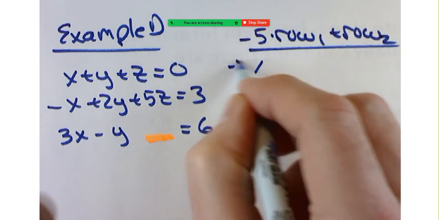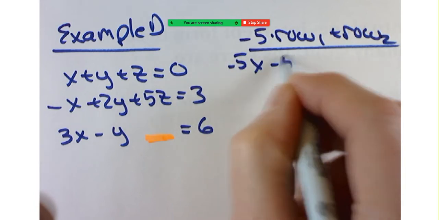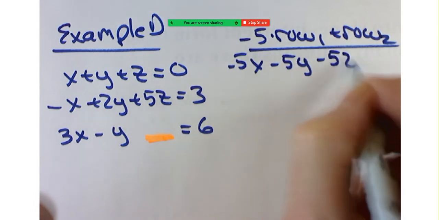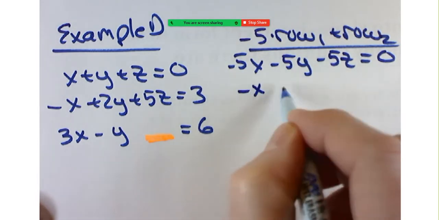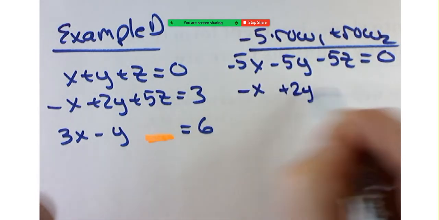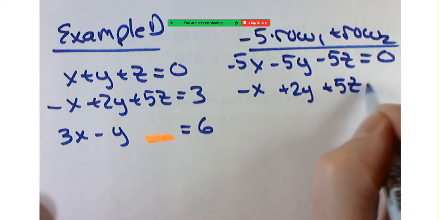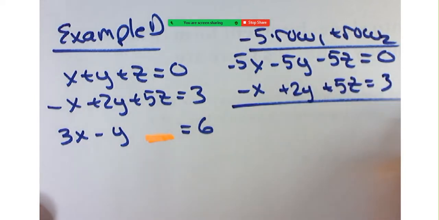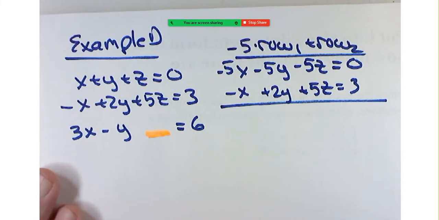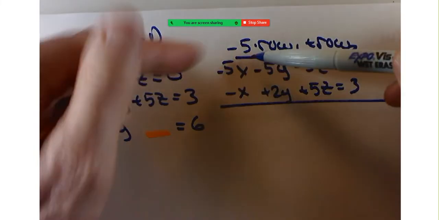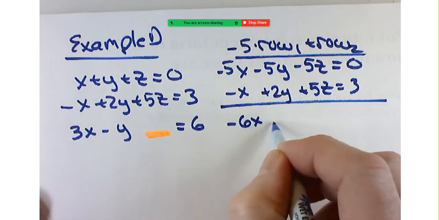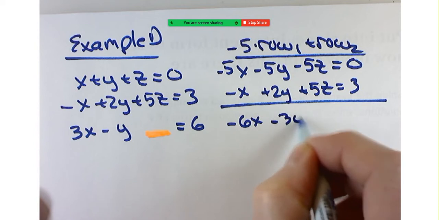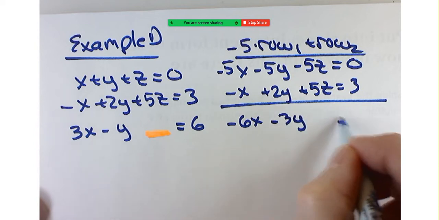So negative 5x minus 5y minus 5z equals 0, added to negative x plus 2y plus 5z equals 3. All right. When I do that, I end up with negative 6x minus 3y equals 3.